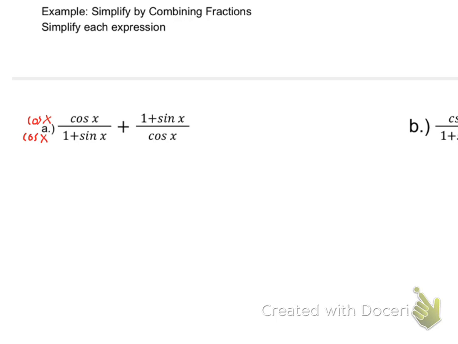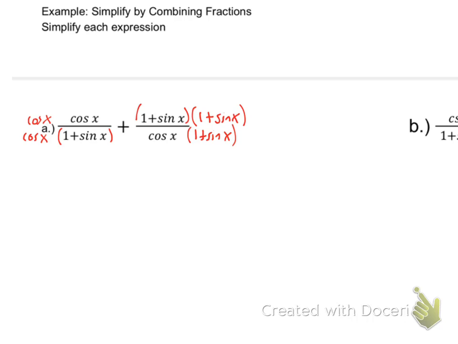And on the other side, it's going to be 1 plus sine x to both the top and bottom. Now, with past experience of doing these, I'm going to let you guys in on a little secret. Do not, in the beginning, multiply your denominators together.